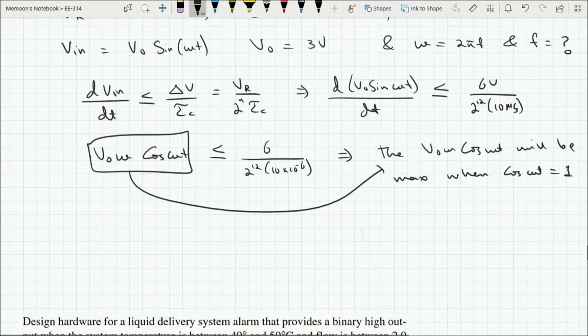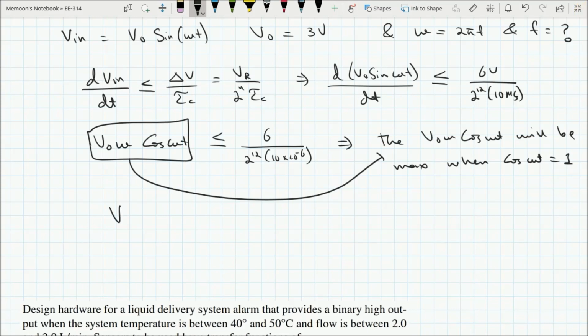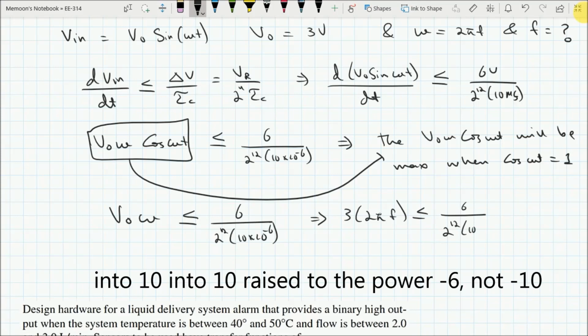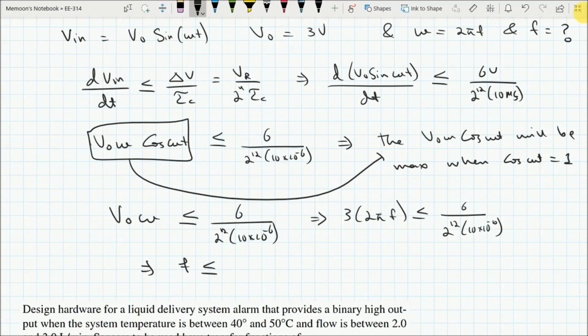So let's substitute 1 for cos omega t and we get V naught omega should be less than or equal to 6 over 2 raised to power 12 into 10 into 10 raised to power minus 6, and this implies that 3 into 2 pi f should be less than or equal to 6 over 2 raised to power 12 into 10 raised to power minus 5, and this gives us f should be less than or equal to 7.77 hertz.